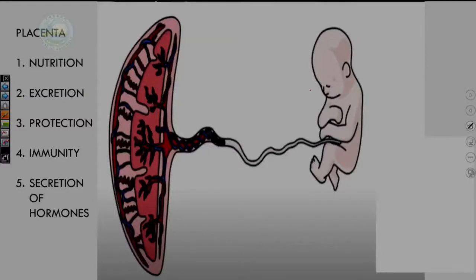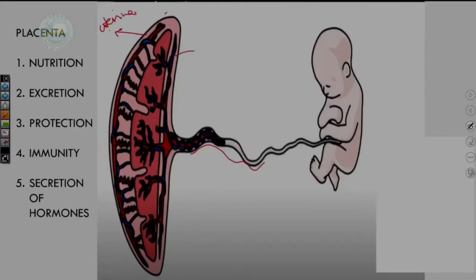Okay, so let us look at the functions of the placenta. Now, obviously, this diagram has been stretched out because we know that in the uterus, this umbilical cord here will be coiled. So here we have the placenta. Here is the mother side, the uterine side.